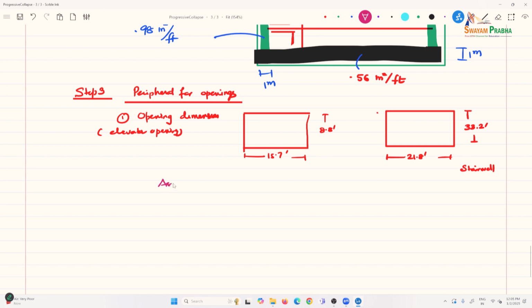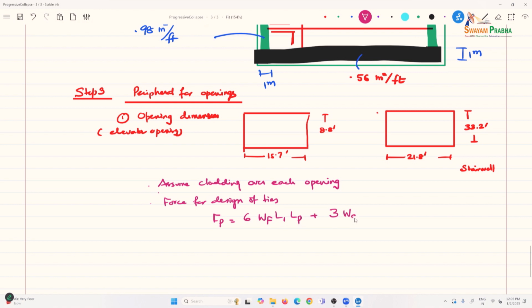If we assume cladding over each opening, then the force for design of ties is Fp, which is 6 Wf L1 plus 3 Wc Lp.